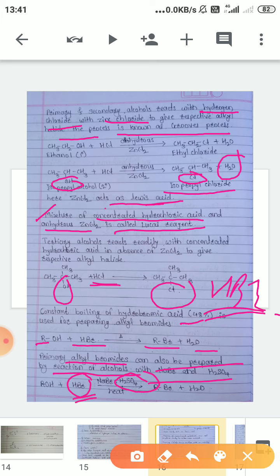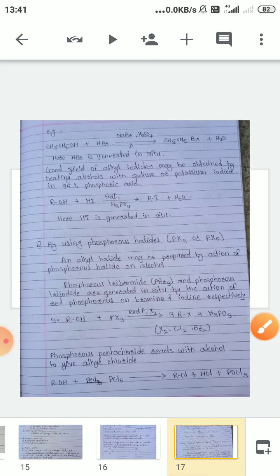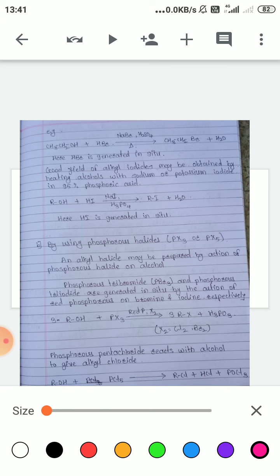We are not going to directly add HBr in the reaction. It can be prepared by the reaction of NaBr and sulfuric acid, and when alcohols are heated with NaBr and sulfuric acid, they give alkyl bromide and water. We have taken a particular example, CH3CH2OH, ethanol or ethyl alcohol.